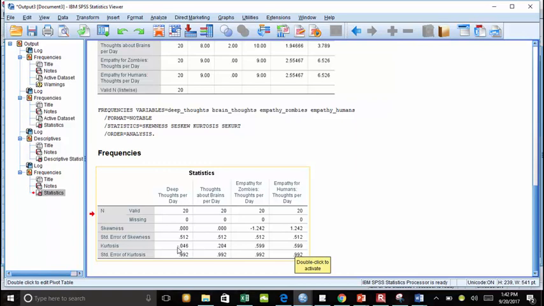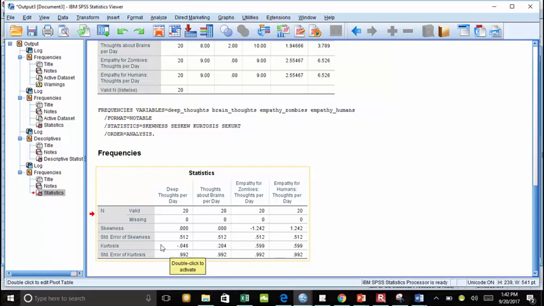A negative number, like we have here for deep thoughts per day, means you've got a more flattened curve, what we call platykurtic, flatter than typical. So again, if it's a 0, then you've got a normal curve.